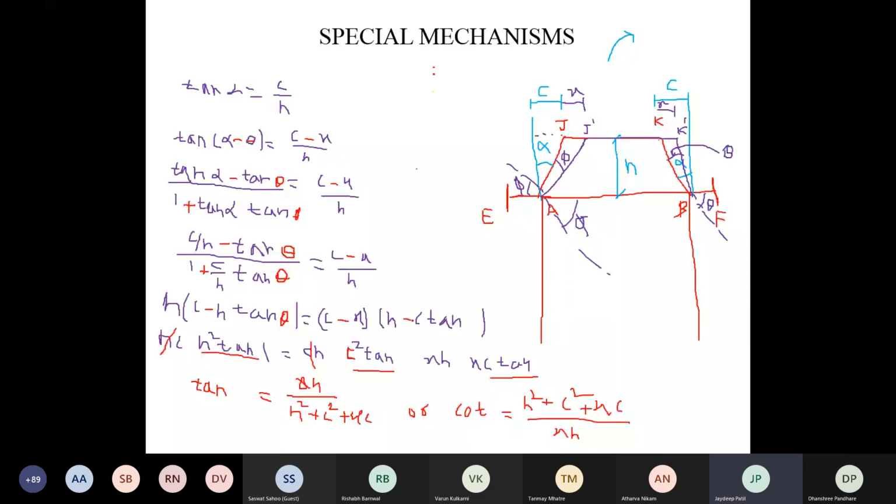Now you have to multiply this h to this bracket: hc minus h square tan theta is equal to ch plus c square tan theta minus xh and minus xc tan theta. Is it right?